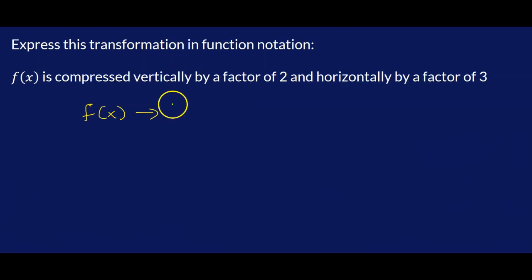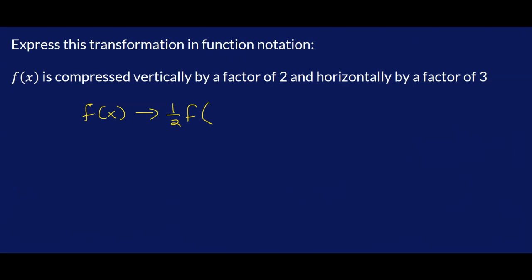A vertical compression is 1 over 2 f of x, and also horizontally compressed by a factor of 3. So let's do that right here. A horizontal compression is going to be 3x. So a vertical compression is going to be a fraction. A horizontal compression is going to be a whole number. So that's the only difference in the way this works.